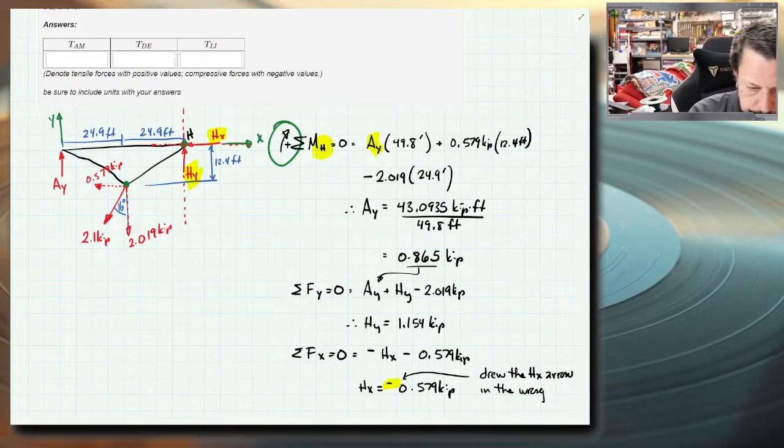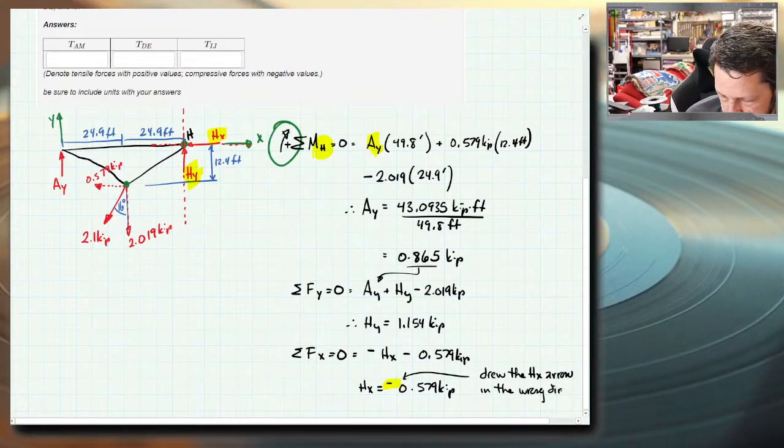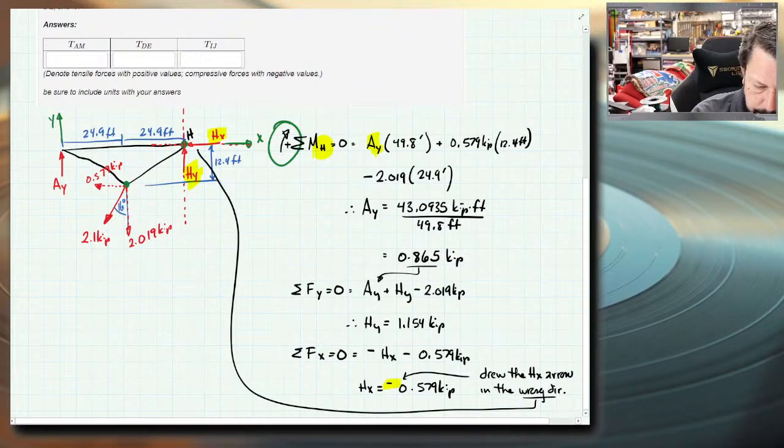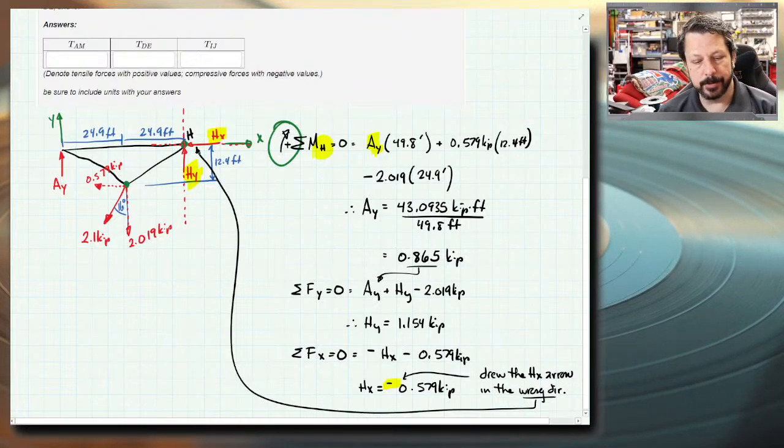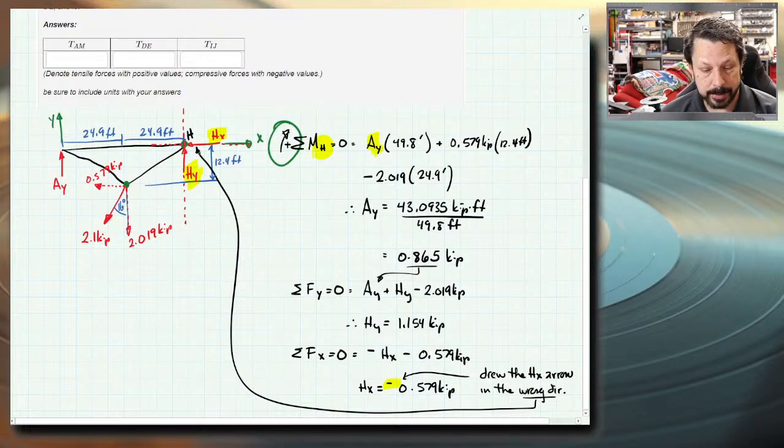When I drew it, you know, way up here, I just picked a direction. I could have drawn it the other way, but for whatever reason, I drew it going to the left.